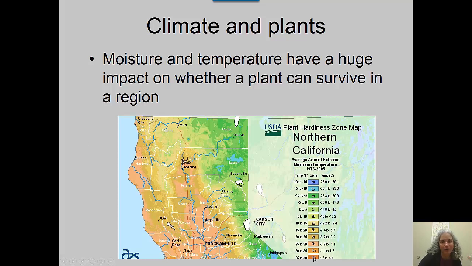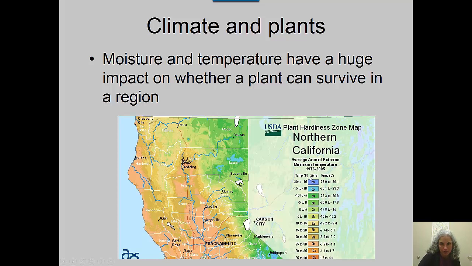There's other codes out there, but these are the ones that we have in our region in Northern California. What these codes denote is the average annual extreme minimum temperature. So how cold it gets on the really cold days in the winter for that particular region.